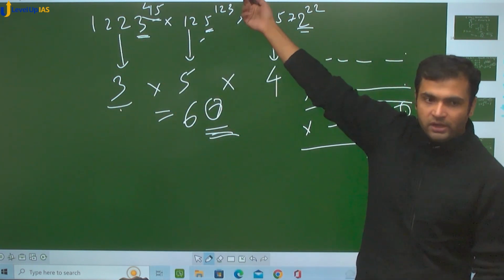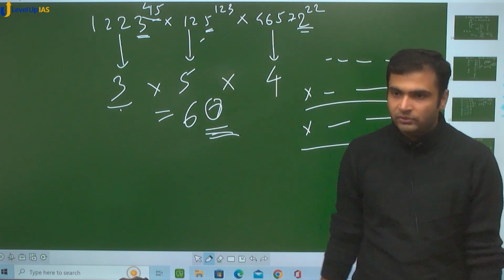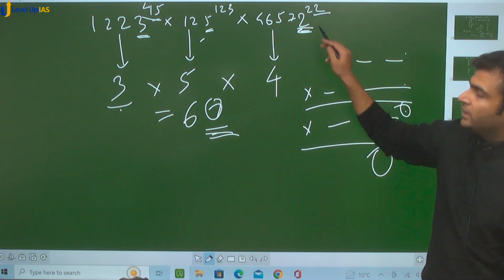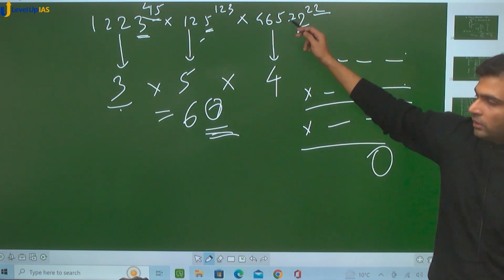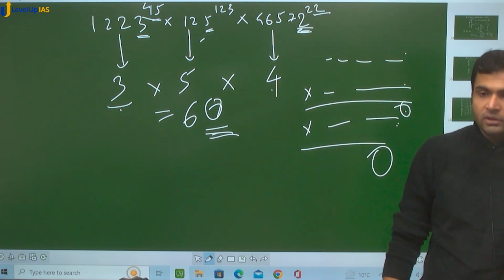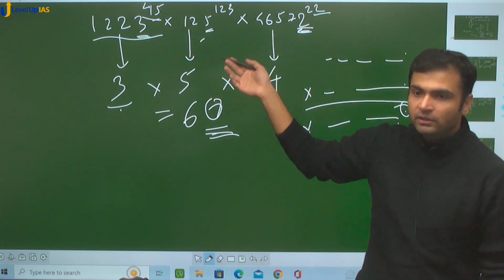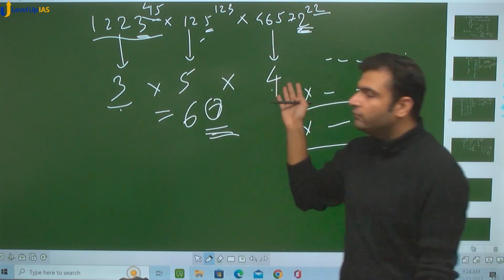Similarly, 5 raised to anything, units place will always be 5. And here the base is 2, the remainder when we divide 22 by 4 is 2, so units place would be 4. So these numbers, you can call them A, B, C, have 3, 5 and 4 at the units place.